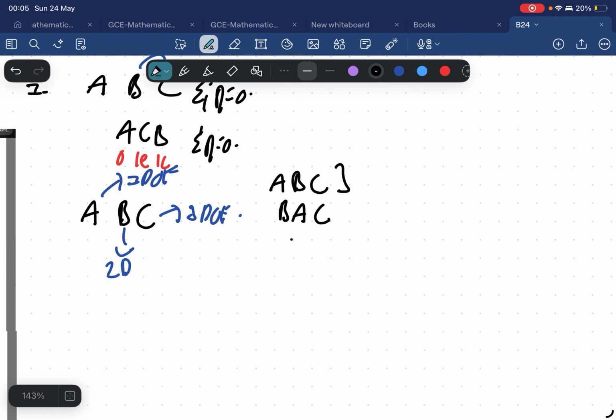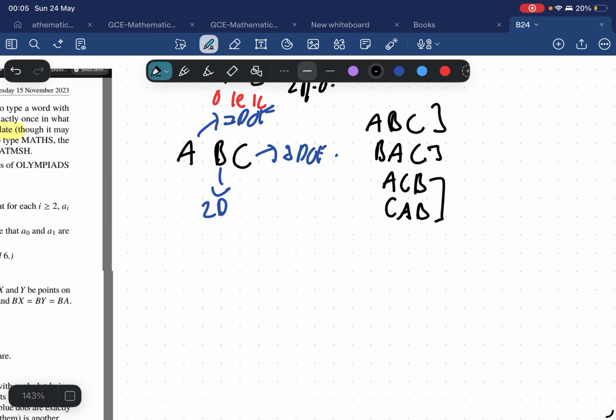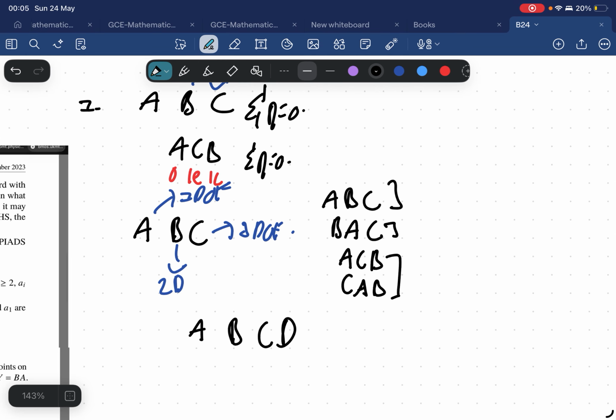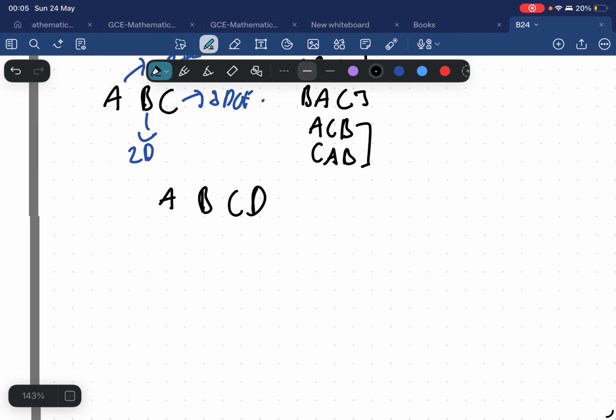And then we have A, C, B, and then we have C, A, B. So we kind of see there's a case forming, and I guess we do it for 4 as well. I think this will be better than doing an invariant approach, hopefully.